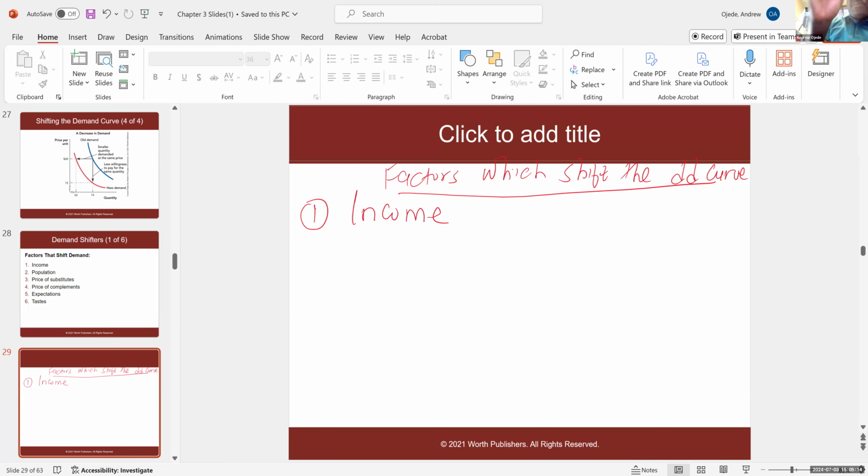Under income, I'm going to break it into two parts. Income is going to affect demand depending on whether the good they're buying is a normal good or an inferior good. So let's start with normal goods.